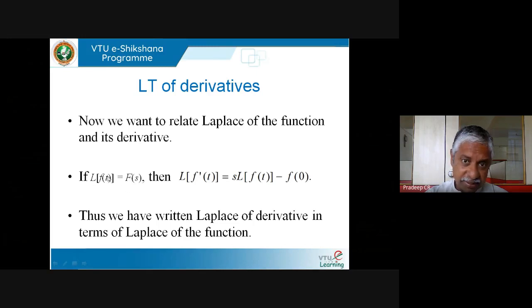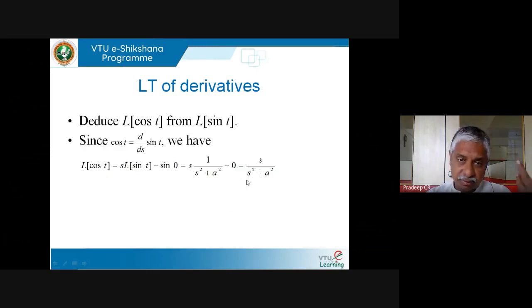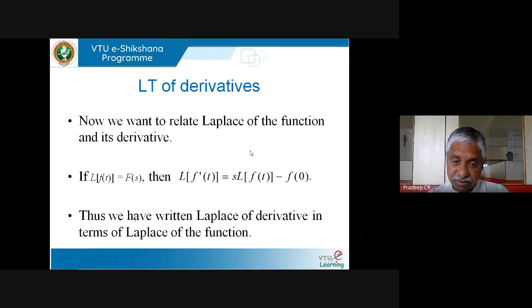L of f dash t, where f dash t is cos t. So L of cos t is s times L of f(t), that is 1 by s square plus a square. So s into 1 by s square plus a square is s by s square plus a square, which we know from the beginning. Minus f of 0. F is sine, so sin 0 is 0. So this term will be 0.